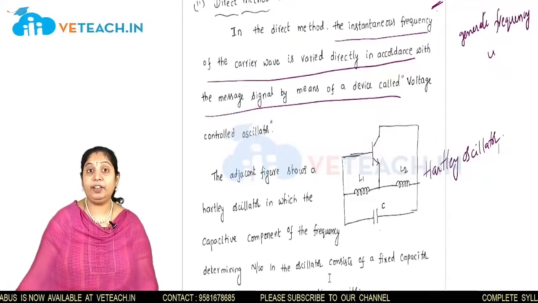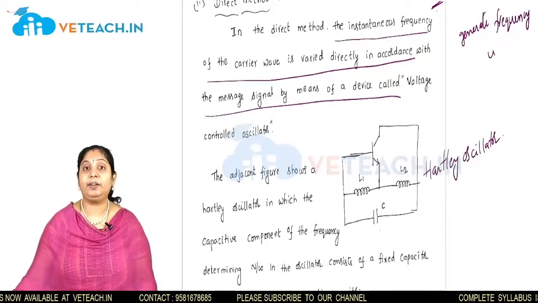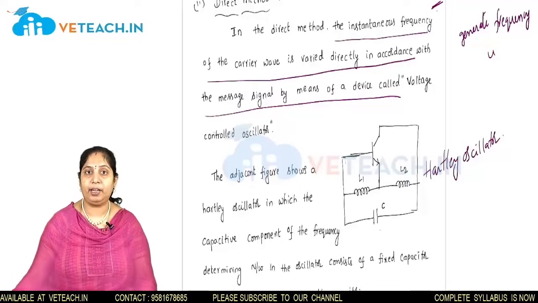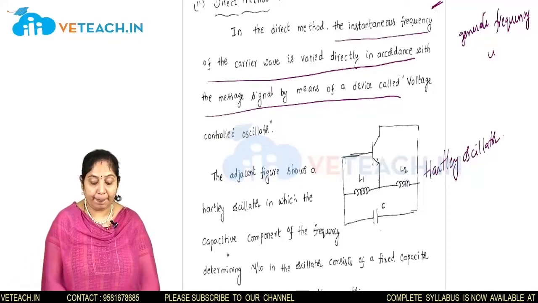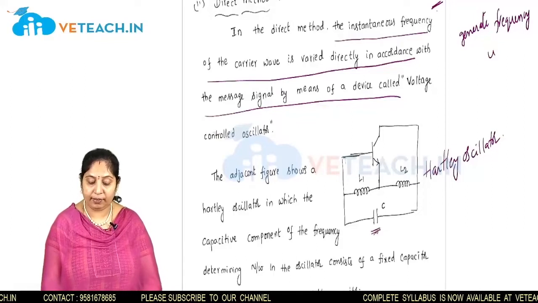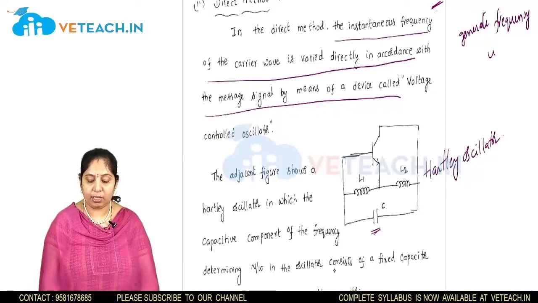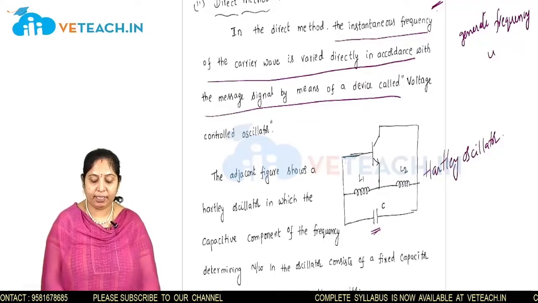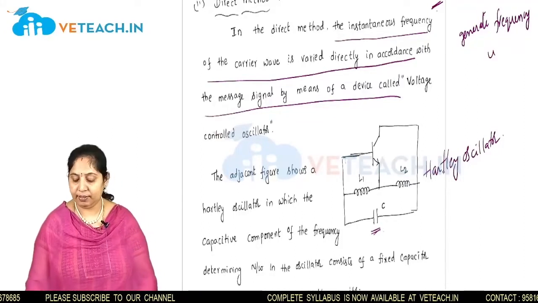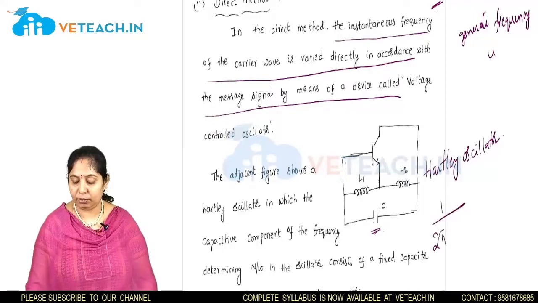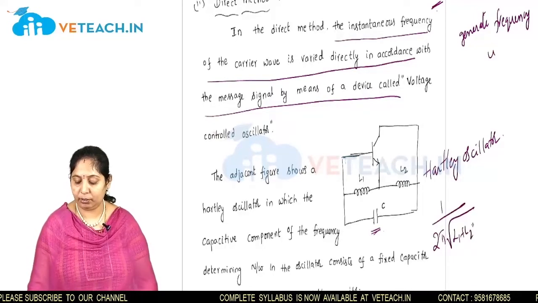The frequency of this Hartley oscillator is 1 by 2 pi into root of (L1 plus L2) into C. The capacitive component of the frequency determining network in the oscillator consists of a fixed capacitor shunted by a voltage variable capacitor. This is 1 by 2 pi into root of (L1 plus L2) into C.